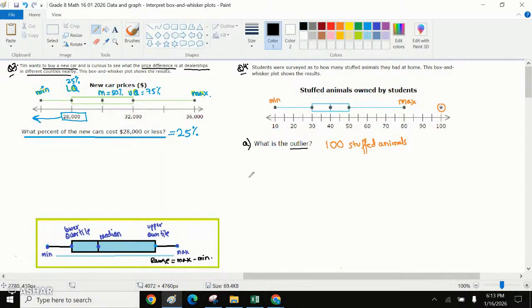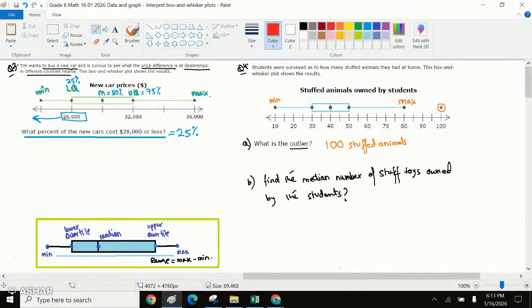Okay. So let's say, find the median number of stuffed toys owned by the students. We know that this was the minimum, that was the maximum, and apart from that, this is the lower quartile, this was the upper quartile, and this was the median, right?